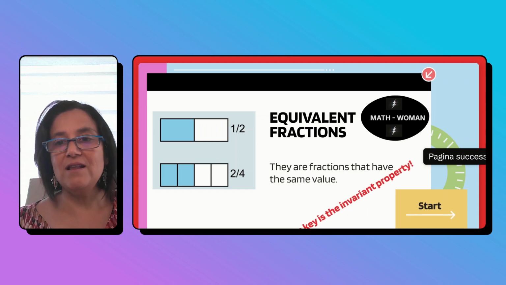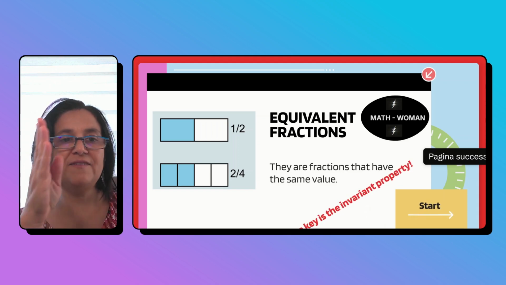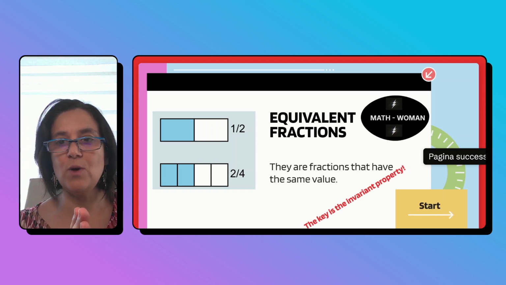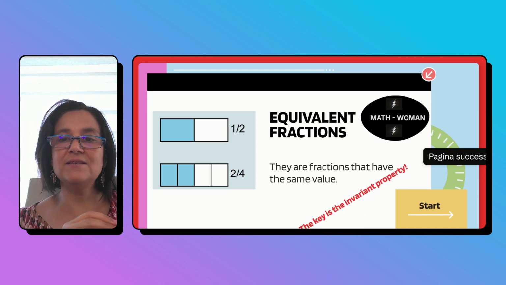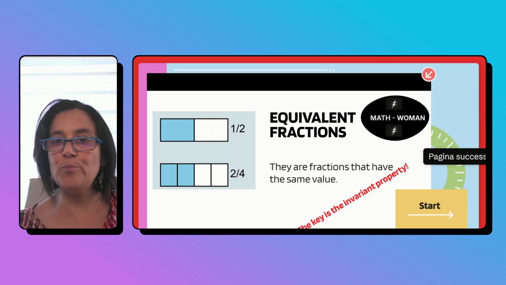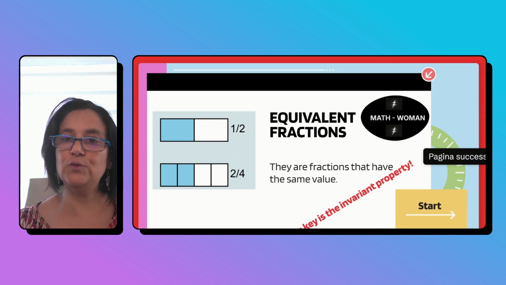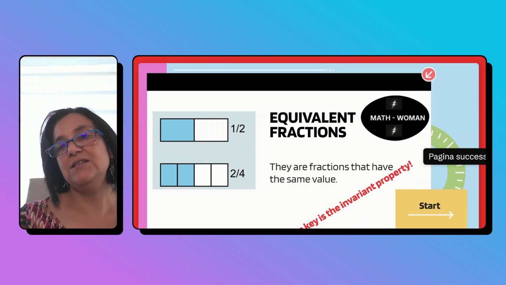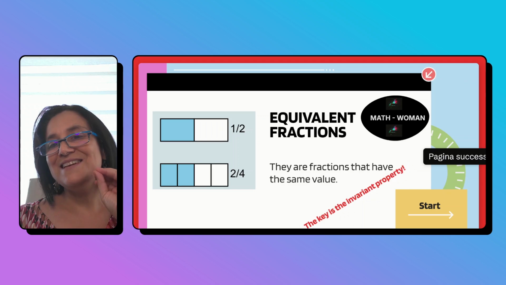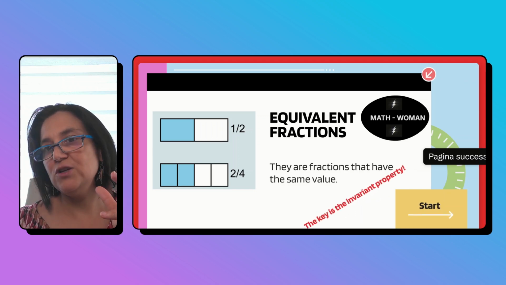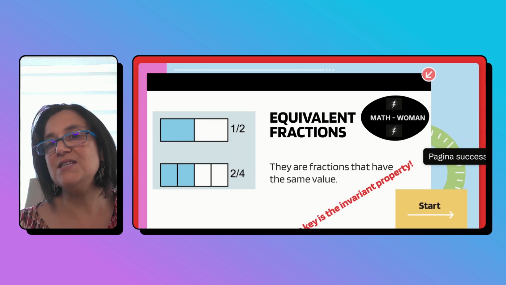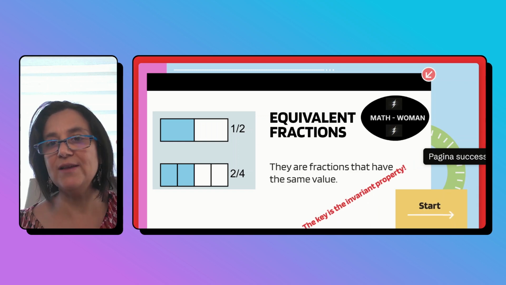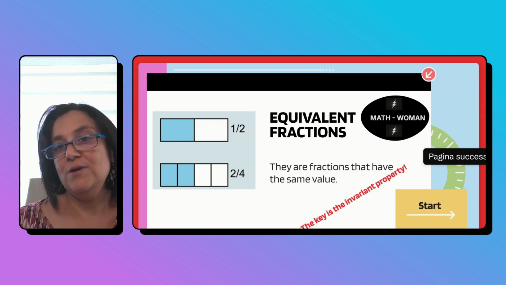If I have 1/2, the whole one divided in 2 parts and only one shaded, I can have the same quantity if I take my whole one divided in 4 parts, but I take 2. The key is the invariant property, because if I start from a fraction, I can have infinite equivalent fractions just by multiplying the numerator and the denominator by the same number. So it's easy.